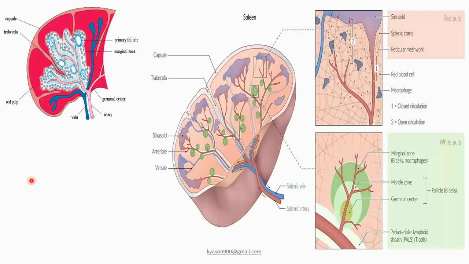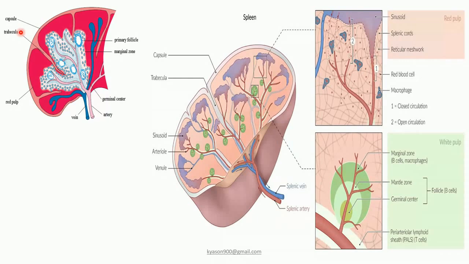The white pulp, as the name suggests, is the area that contains immune cells. Normally, as we've explained, our splenic artery divides at the hilum to give off branches. These branches are called trabecular arteries because they go through the trabeculae.